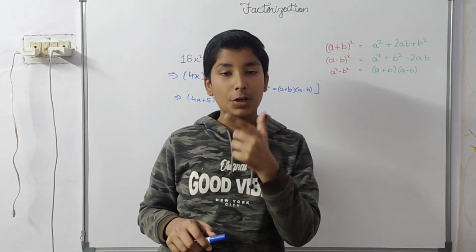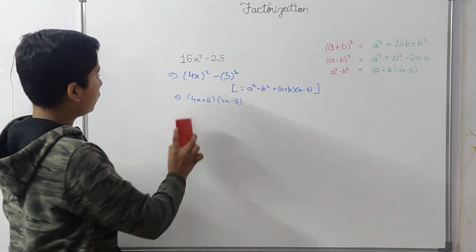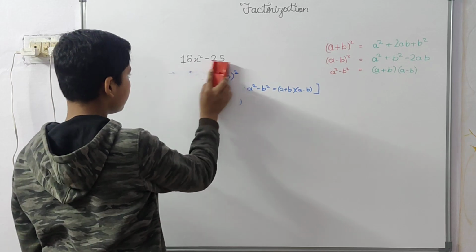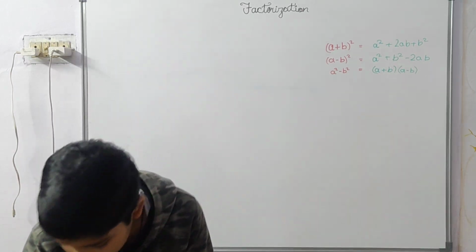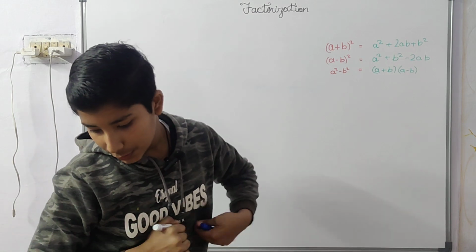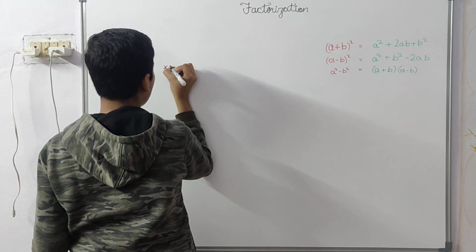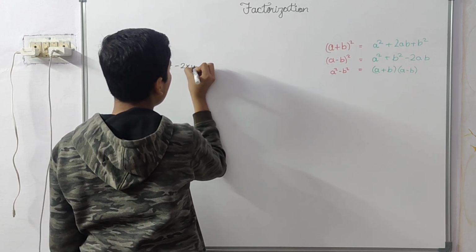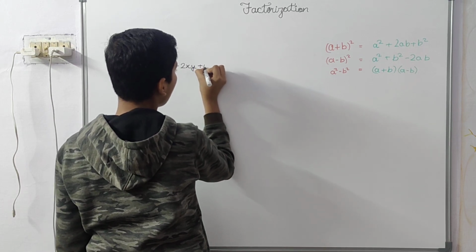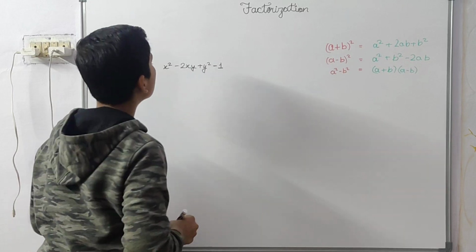Now our most important next example, which contains use of 2 identities. Okay, so our question is x square minus 2xy plus y square minus 1.